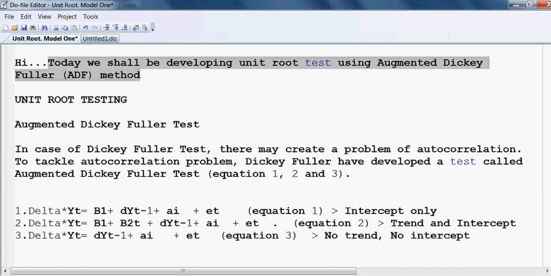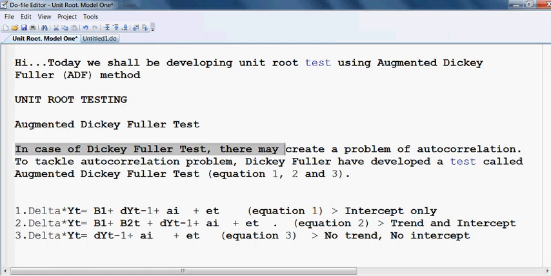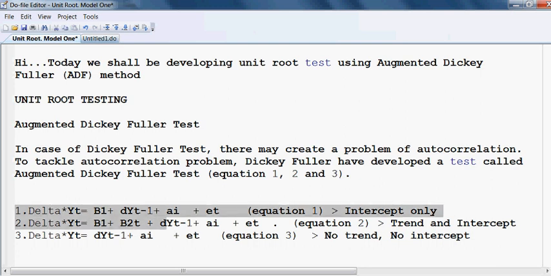And here, in the case of the Dickey-Fuller test, there may be a problem of autocorrelation, and to tackle the autocorrelation problem, Dickey and Fuller developed a test called the augmented Dickey-Fuller test. And we have three Dickey-Fuller models here.